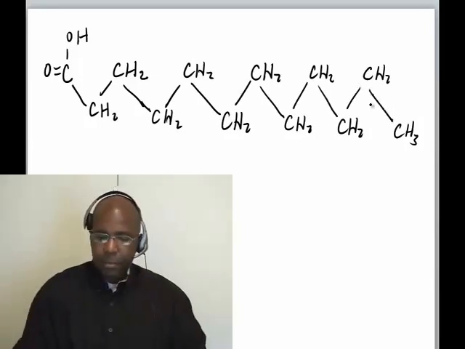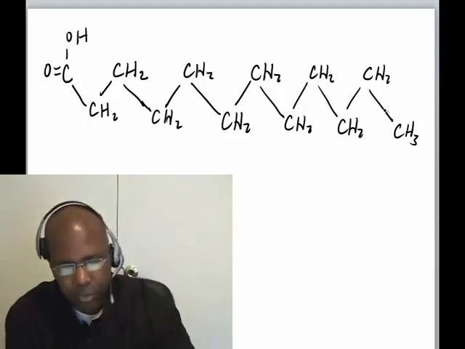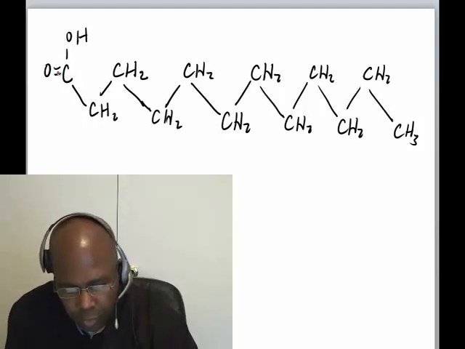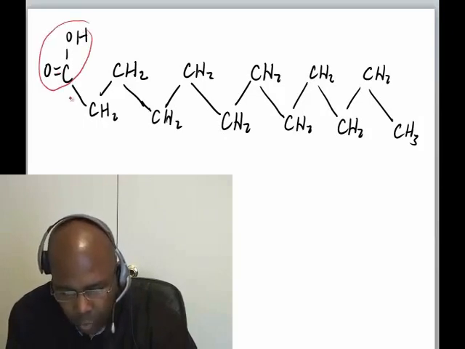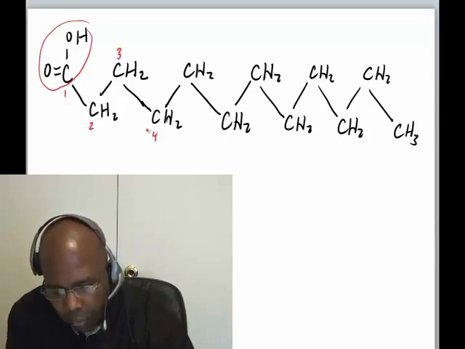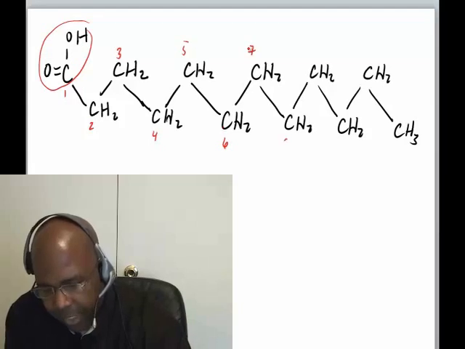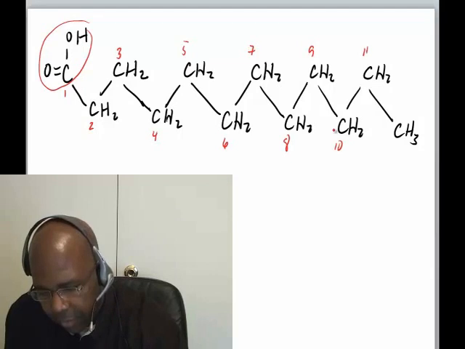That's my 12 carbon hydrocarbon. I'm going to number the carbons here. The carboxylic acid group has the highest priority, so this is carbon 1, carbon 2, carbon 3, 4, 5, 6, 7, 8, 9, 10, 11, 12.